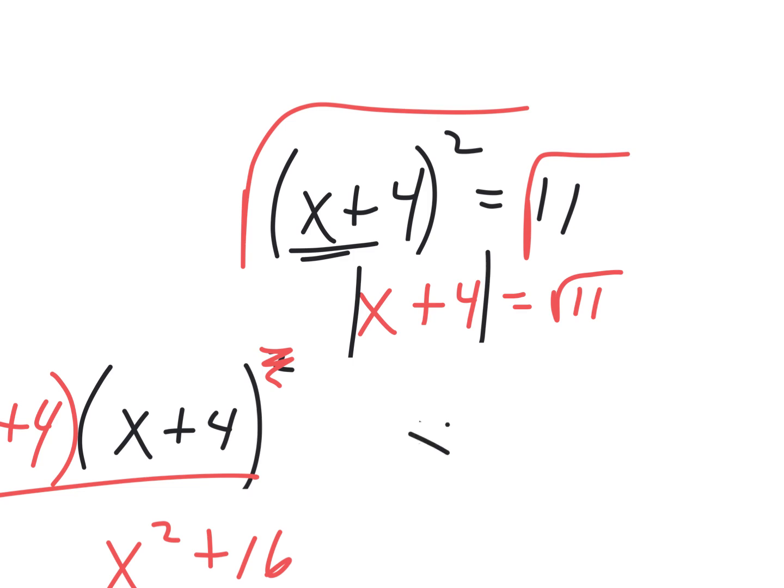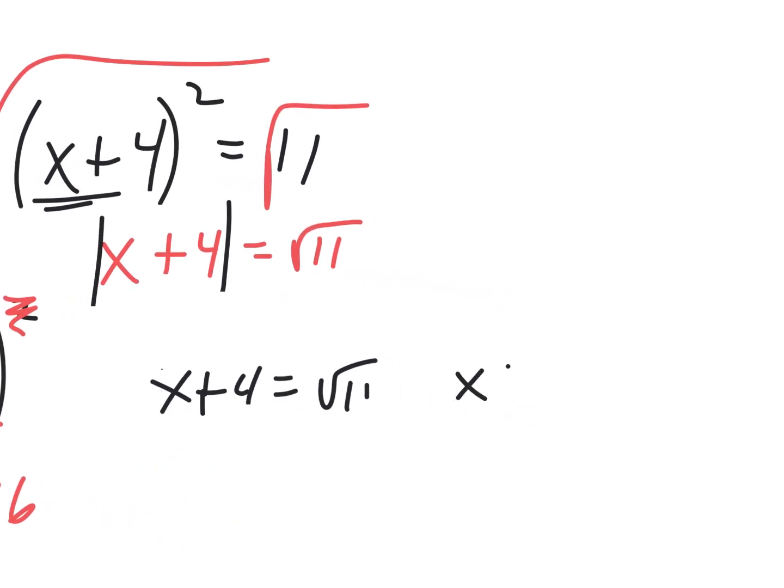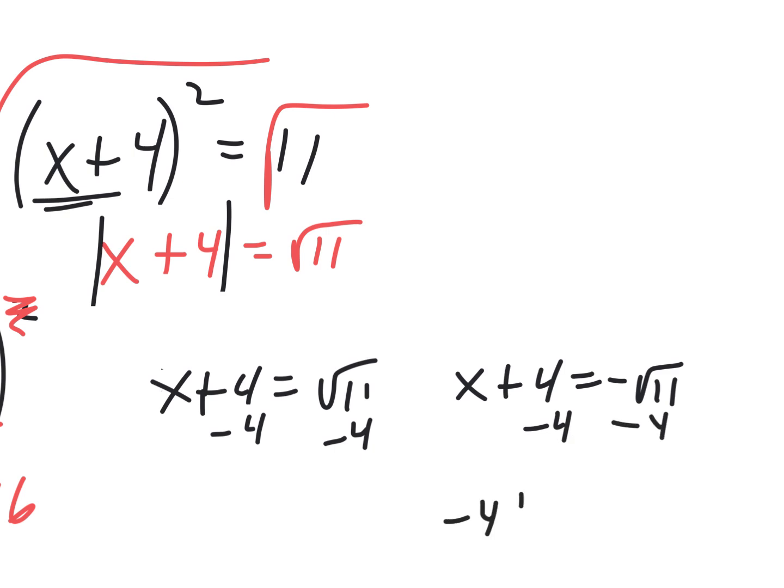You'll get x plus 4 is the square root of 11, just like you thought, and you'll also get x plus 4 is equal to negative square root 11. That's the fast way to do this problem. Final answer, once you've subtracted 4 everywhere, is negative 4 plus and minus the square root of 11.